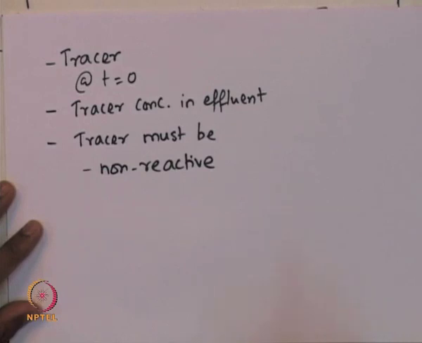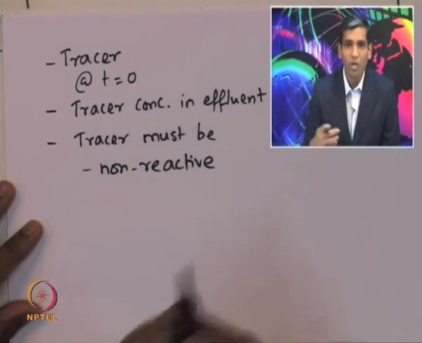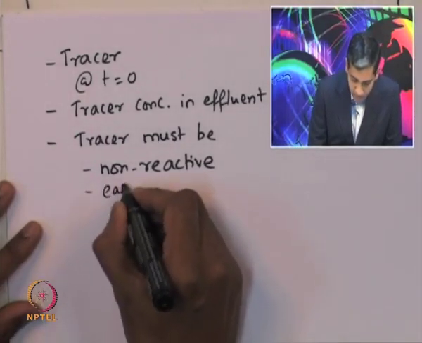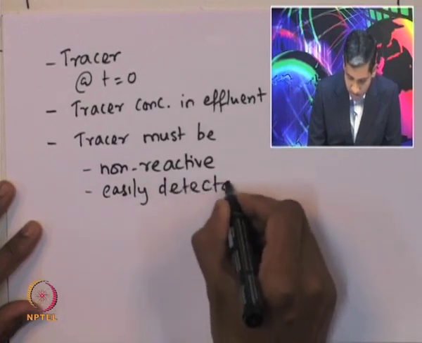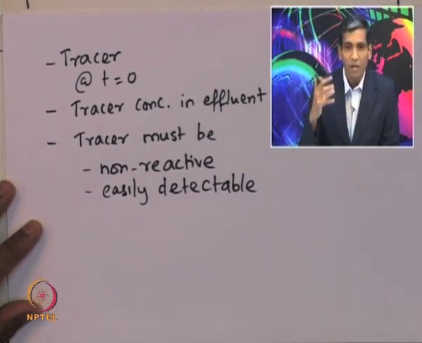Otherwise, the tracer is not going to reflect the true non-ideal behavior, because some amount of tracer injected into the reactor is going to be consumed in some reaction. It should be easily detectable: the measurement techniques available should be sensitive enough to detect even small amounts of tracer concentration in the effluent stream.